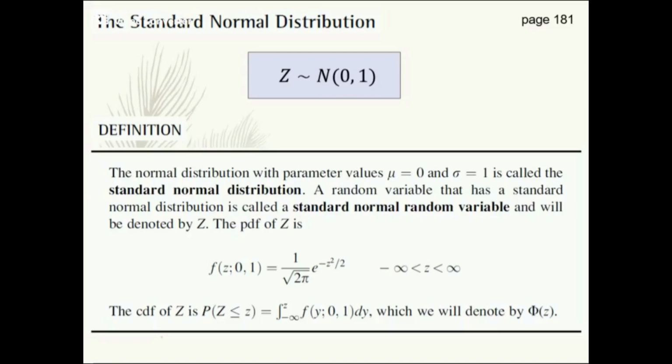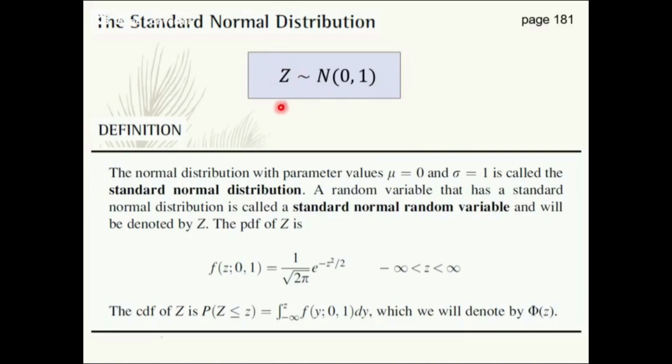This is the formal definition of the standard normal distribution. It is specifically called standard because the mean is 0 and the variance is 1. If the mean is not 0 and the variance is not 1, then it's a non-standard normal. So this is a very special case, and in this special case, we always use the letter Z. It's pretty much reserved.